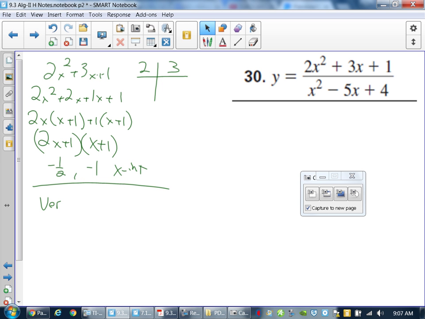Vertical asymptotes. Again, factor it, x squared minus 5x plus 4. We get x minus 1, x minus 4. So asymptotes at 1 and 4. The horizontal asymptote's easy. 2. You okay with that?